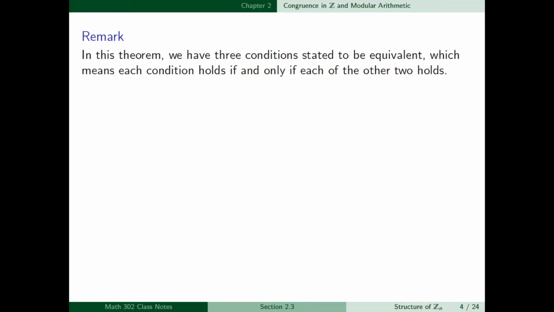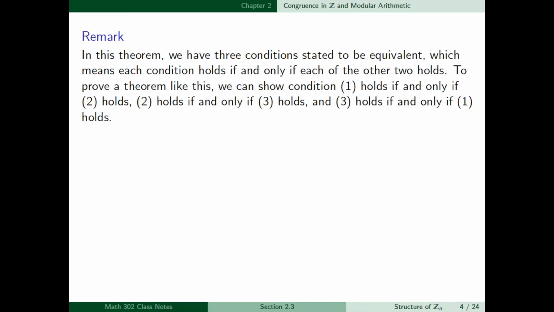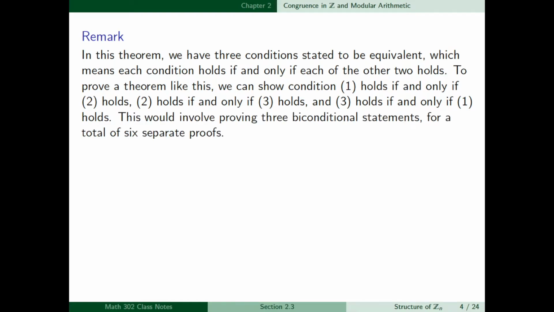Now before we start the proof, just a remark about this type of theorem. In this theorem we have three conditions stated to be equivalent, which means each condition holds if and only if each of the other two holds. To prove a theorem like this, we can show that condition 1 holds if and only if 2 holds, 2 holds if and only if 3 holds, and 3 holds if and only if 1 holds. This would involve proving 3 biconditional statements for a total of 6 separate proofs.